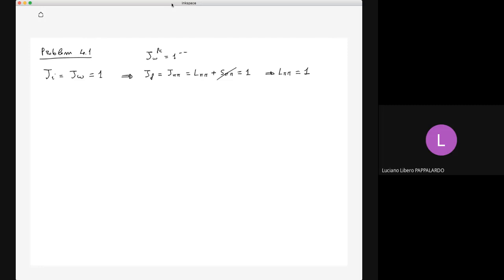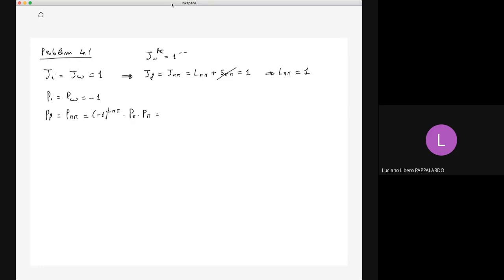Now, what about parity? The parity in the initial state is the parity of the omega meson, which is -1, and this we know from the information in the text. What about then the parity in the final state? The parity in the final state is the parity of the pion-pion system, and as you know, this is given by (-1)^L_ππ times the product of the intrinsic parities of the two pions.